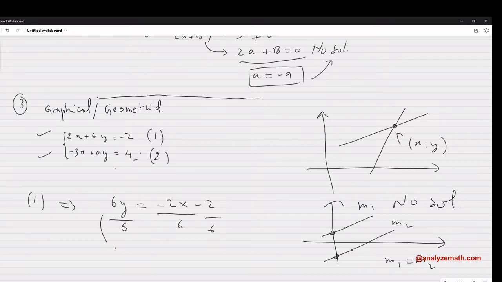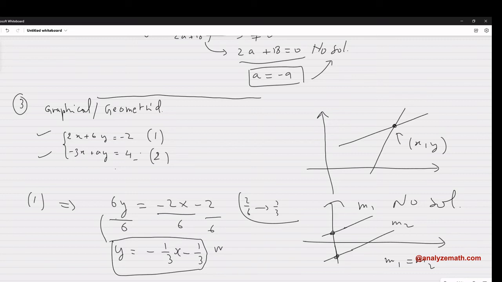And that gives me y equal, 2 over 6 can be simplified to 1 over 3, so negative 1 over 3. Same thing here, there is an x, negative 1 over 3. So this is line L1. And m1, its slope, is given by the coefficient of x. This is the slope. It's minus 1 over 3.